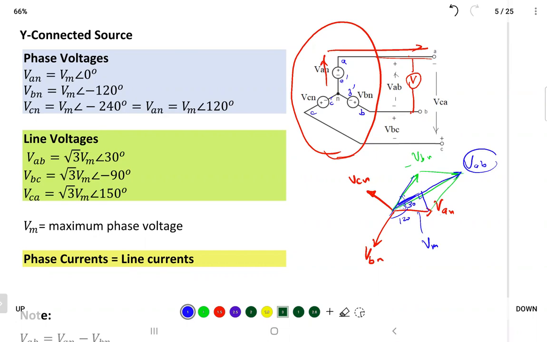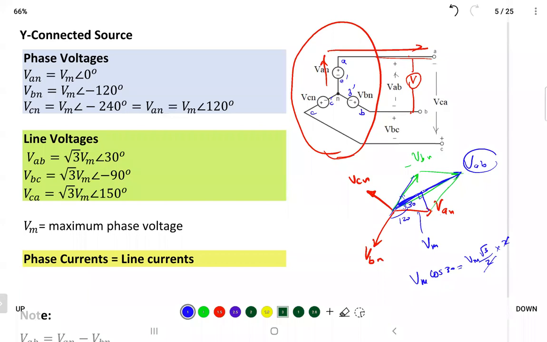So half of this line is Vm times cosine 30, and cosine 30 is radical 3 over 2. The same thing here, so multiply by 2. So what you get is square root of 3 times Vmax. So in star connection, the amplitude of the line voltage is bigger than the phase voltage by square root of 3.